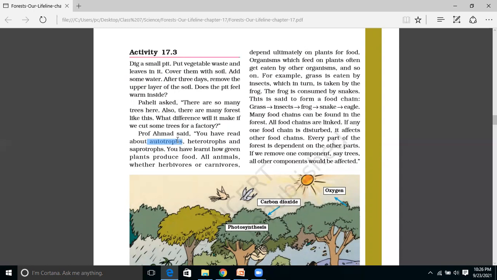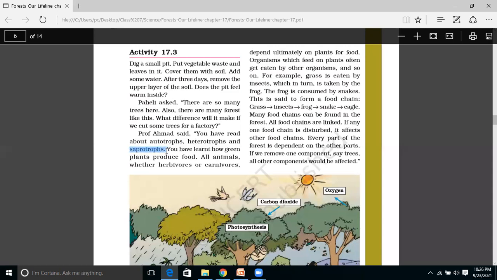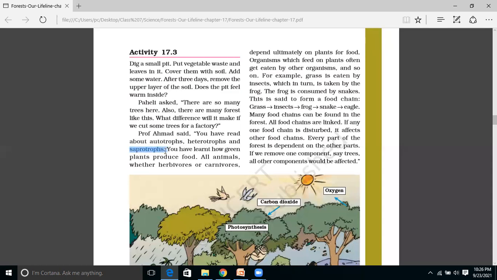Heterotrophs depend on others for food, like us. We depend on the autotrophs for food. And then we have the saprotrophs. Saprotrophs are organisms which depend on dead and decaying matter, like the fungi.